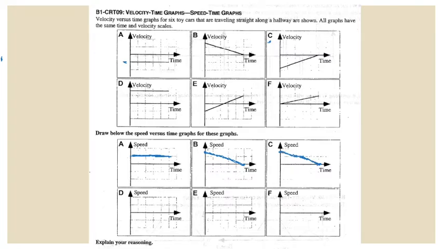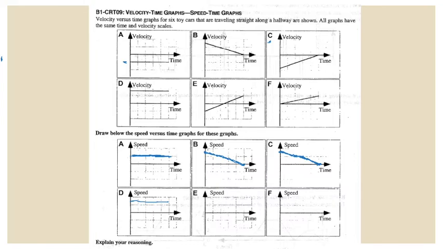For D, because the velocity is positive the whole time, at 1.5 units, the speed should be positive the whole time at 1.5 units. For E, same concept, wherever the velocity is negative, the speed has to be positive.